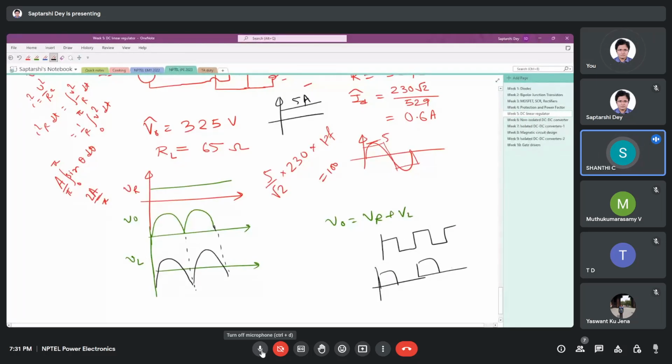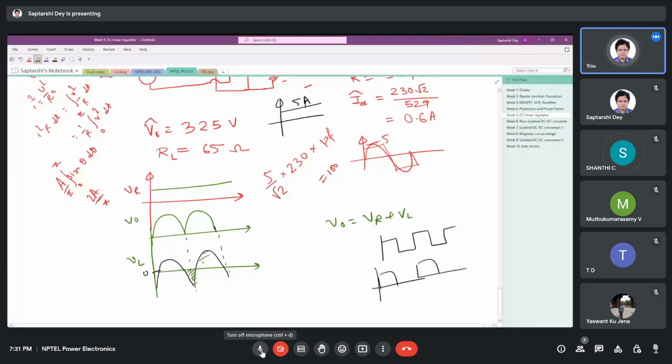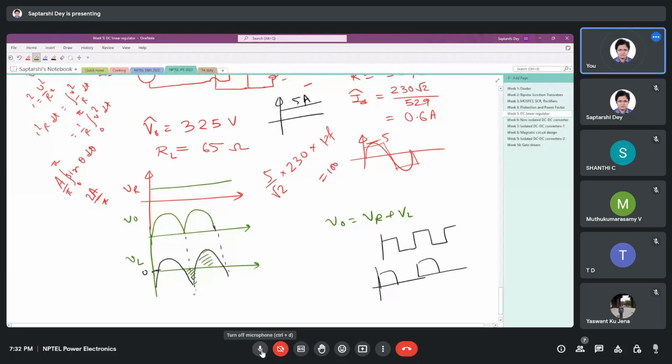This is the voltage across the resistance, this is the output voltage. So the inductor voltage is like this, shifted down such that the average is 0. So this area equals this area. Now this thing makes sense.